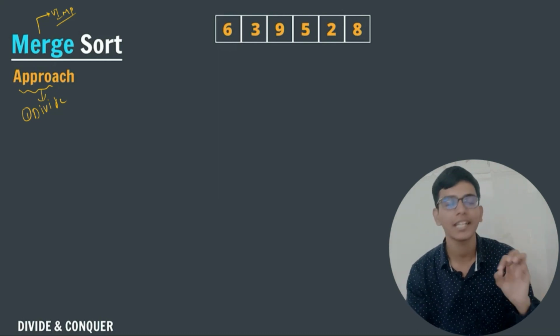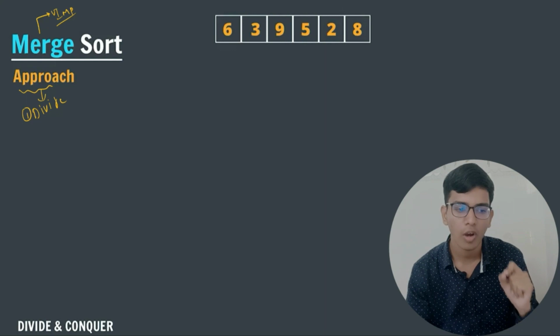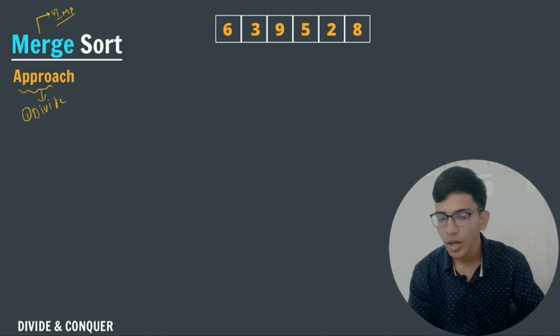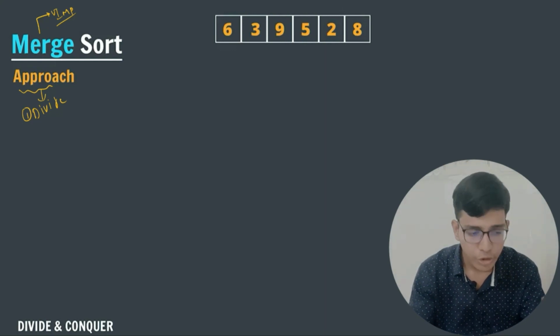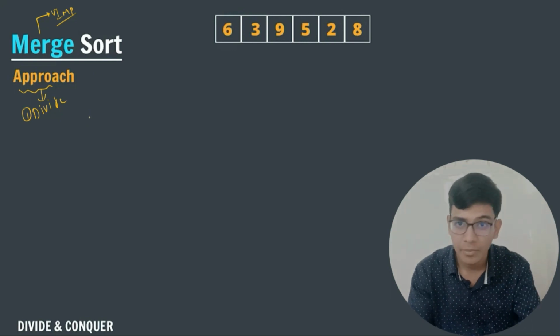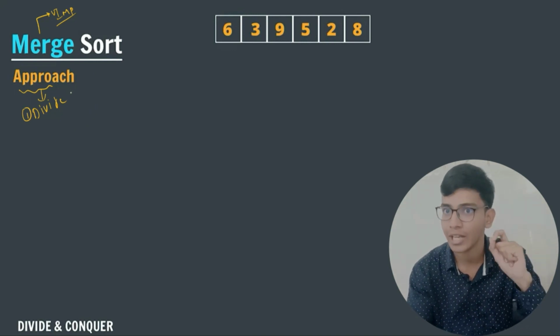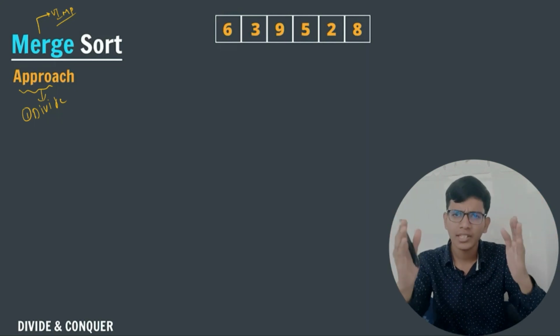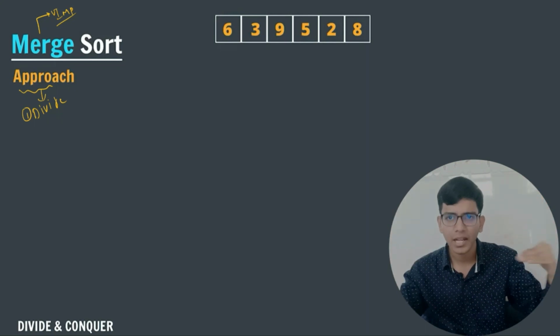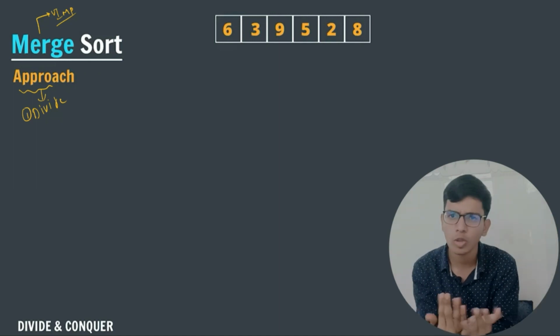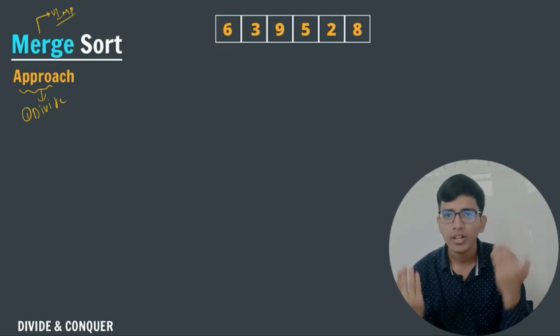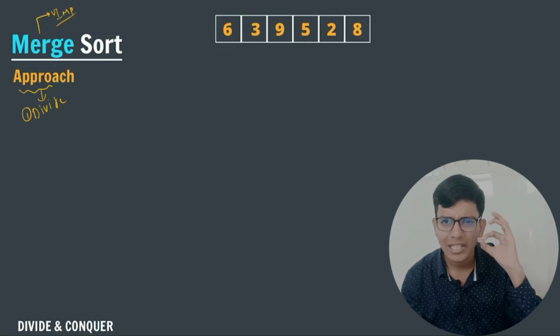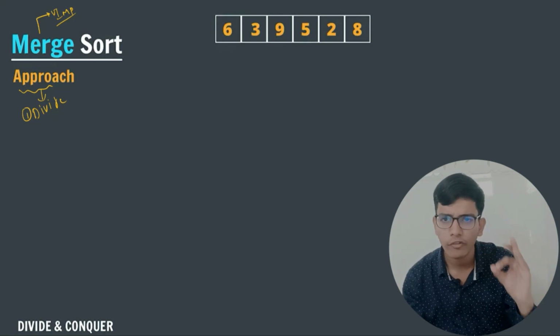This is the same technique we are going to follow in merge sort also. To sort a given array using merge sort, first we divide the elements until we get our base case. Once we get our base case, we start to combine all those elements from the base case. This is the basic structure and functioning of merge sort.